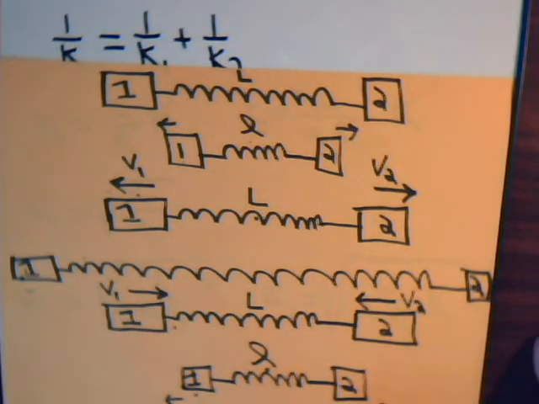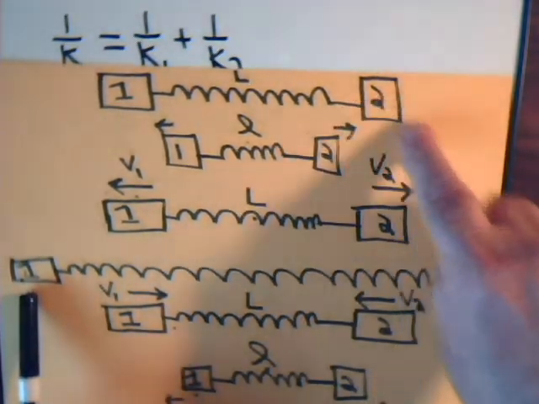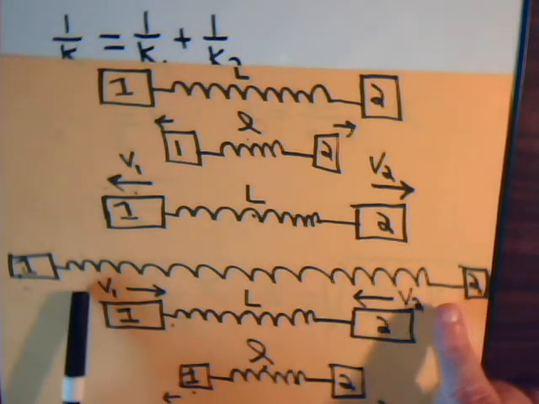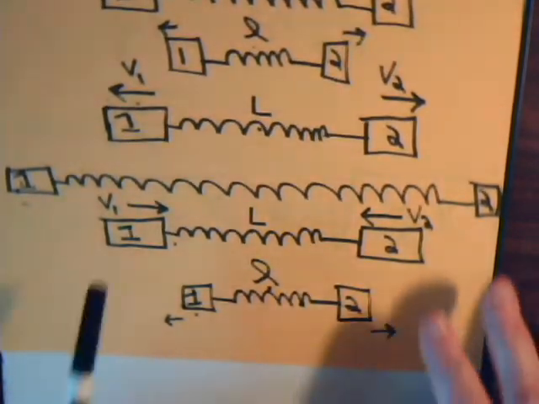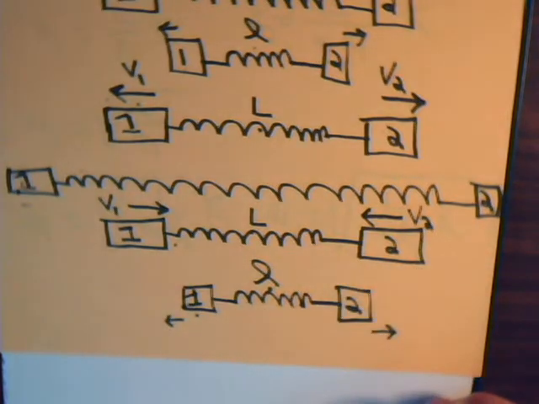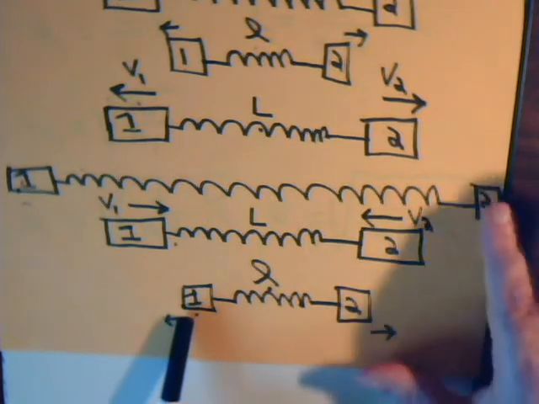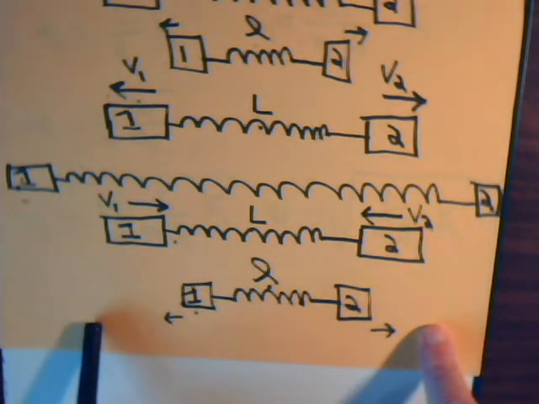But of course that happens at the same time. Block 1 reaches its maximum displacement at the same time that block 2 reaches its maximum displacement. Then simultaneously they start to move together until the spring eventually is compressed to the smaller length, and that happens at the same time. Spring 1 reaches its minimum displacement at the same time that spring 2 reaches its minimum displacement. Then again simultaneously they start to move apart again.